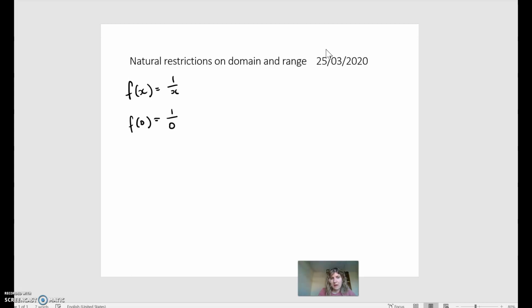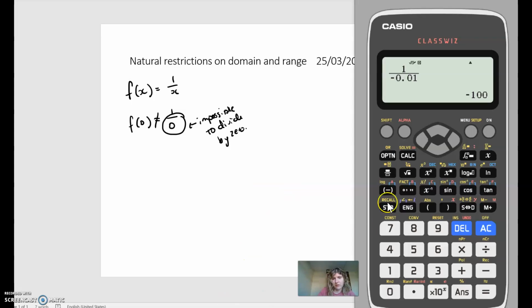Now that cannot be true because it is impossible to divide by 0. And when you type that into a calculator, which I'm sure you've all probably tried once or twice before, 1 over 0 equals, you get a math error. That doesn't work, so it's impossible.